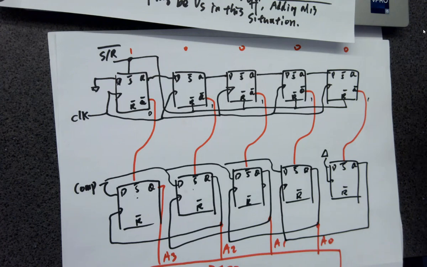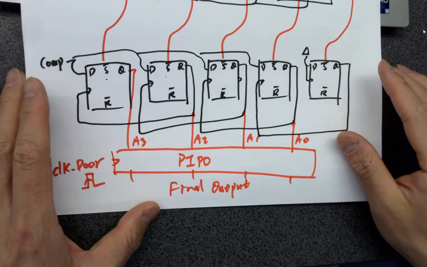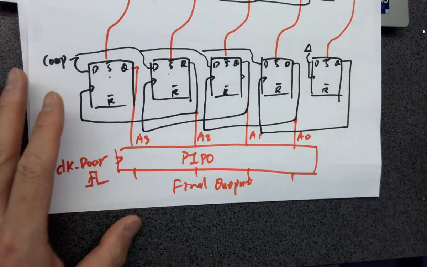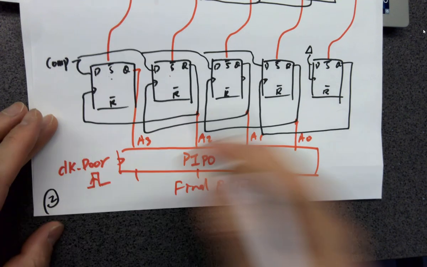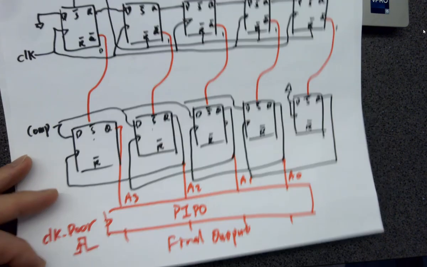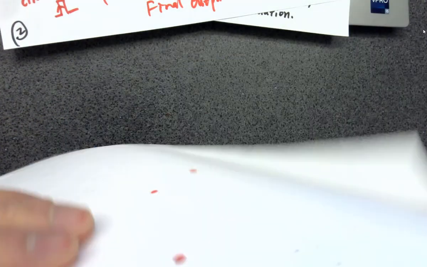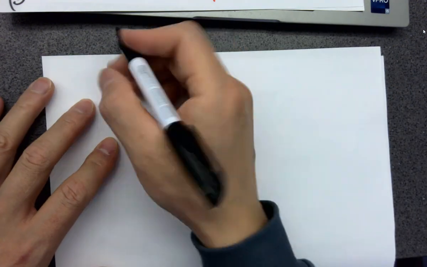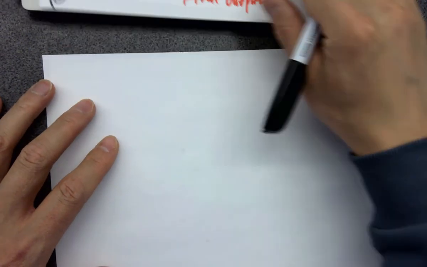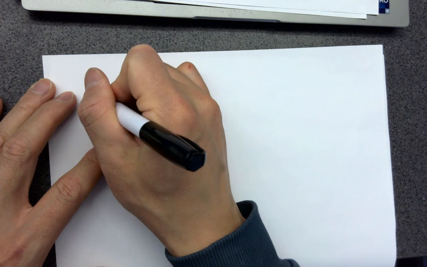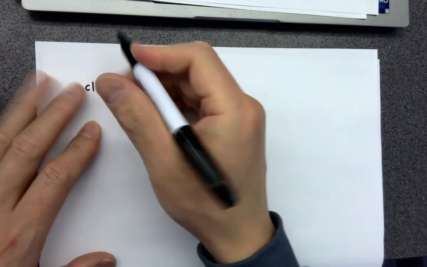Okay, you need to wait. But how many cycles? So here's the clock of the SAR ADC. It's called the SAR clock, okay?